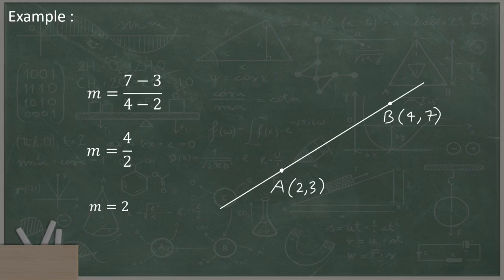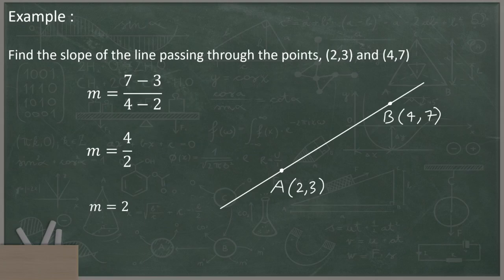Let us consider one example. Find the slope of the line passing through the points (2, 3) and (4, 7). The slope m is equal to (7 minus 3) by (4 minus 2), according to (y2 minus y1) by (x2 minus x1).